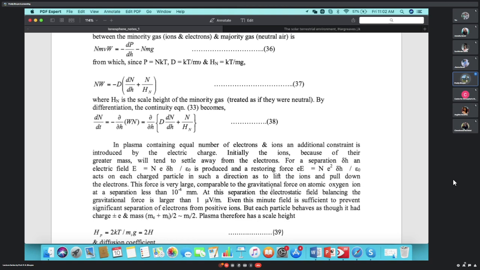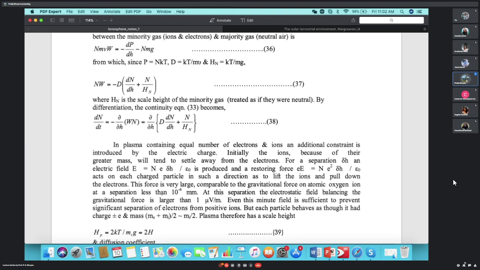That means they will try to reduce the gap between the ions and electrons. So this electric force, or restoring force, is very large compared to the gravitational force on an atomic oxygen ion.